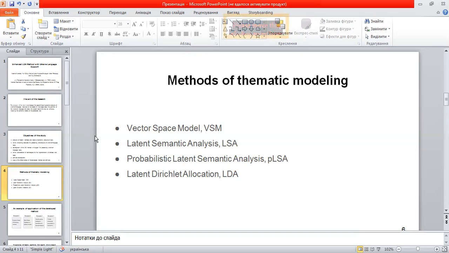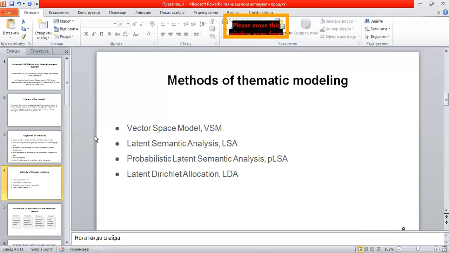Probabilistic latent semantic analysis is a statistical method for analyzing the correlations of two types of data. In general, this method is a development of latent semantic analysis, but unlike its predecessor, which was essentially an algorithm for constructing a vector representation with subsequent reduction of its dimension, probabilistic latent semantic analysis is based on mixed decomposition and the use of a probabilistic model, which allows better and more clearly identifying possible topics of documents.